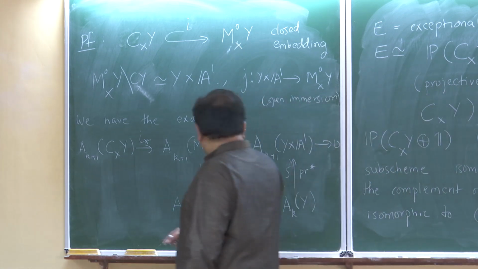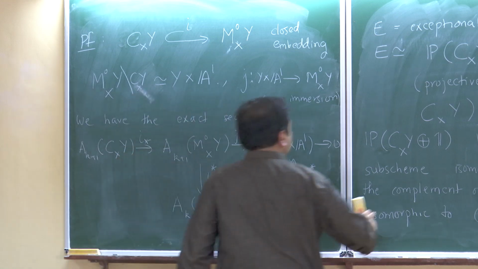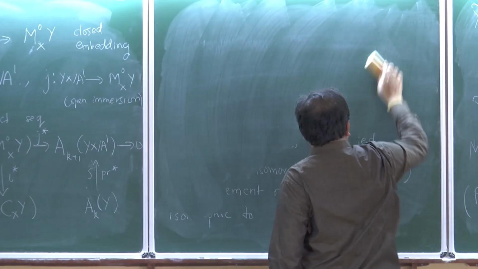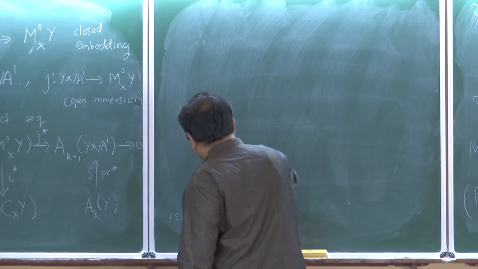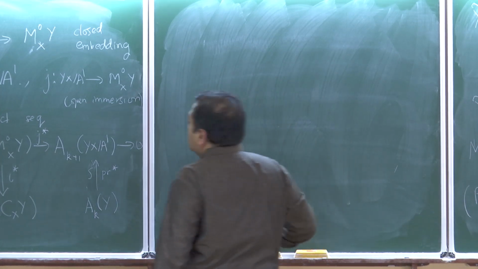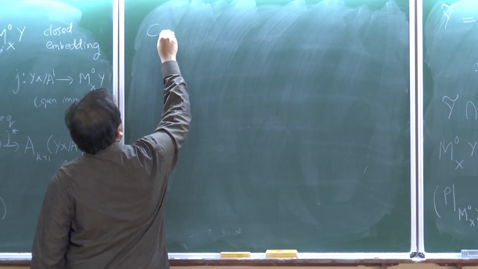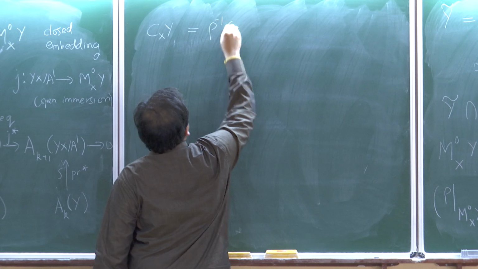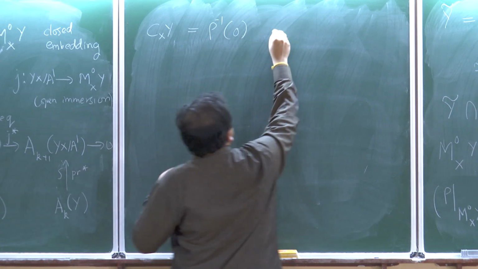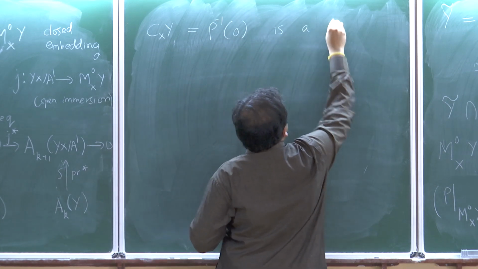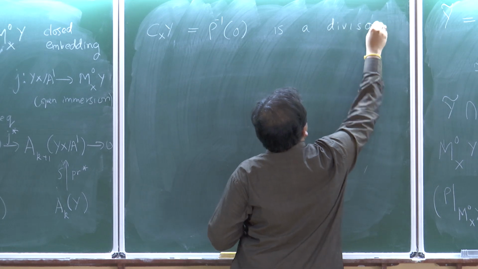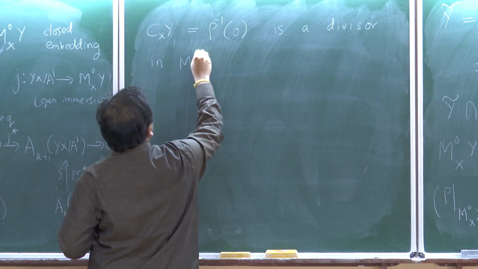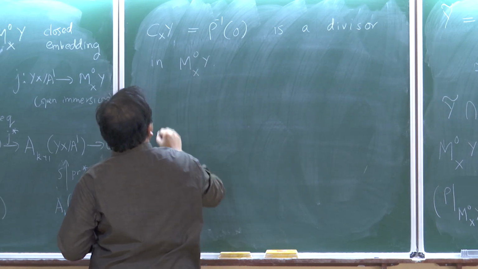Okay, now let us comment a little bit on i lower star. C_XY, which equals rho inverse of 0, is a divisor in M_0 XY.